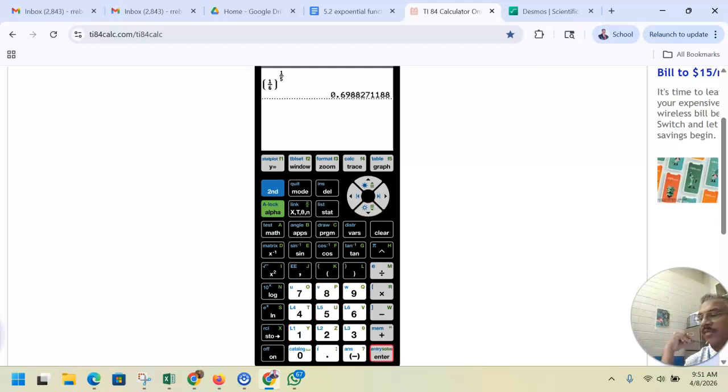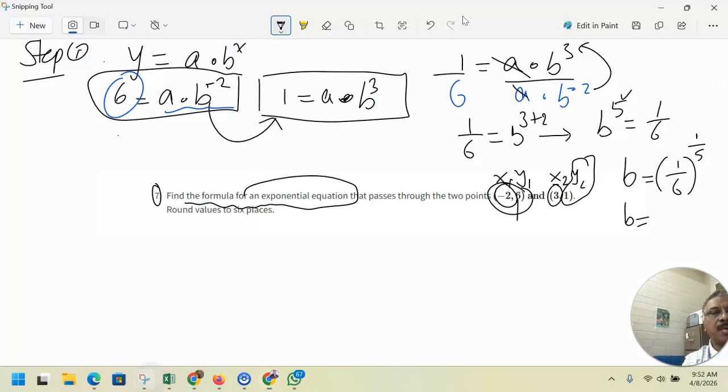There you go, you get 0.698827. Because there is a sixth place, I'm using six decimal places there.